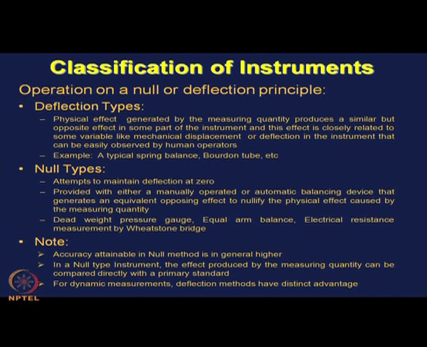So, the advantage of null method is increased accuracy, but disadvantage is it is generally slow, because oftentimes it is manual. However, it can be improved using automatic balancing devices.